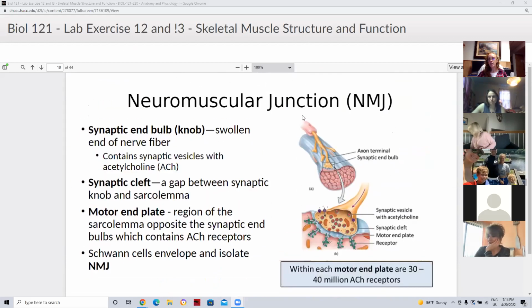So the synaptic end bulb or the synaptic knob is the swollen end of the nerve fiber that contains synaptic vesicles of acetylcholine. You remember when we talked about what happens at a synapse, the release of the neurotransmitter?